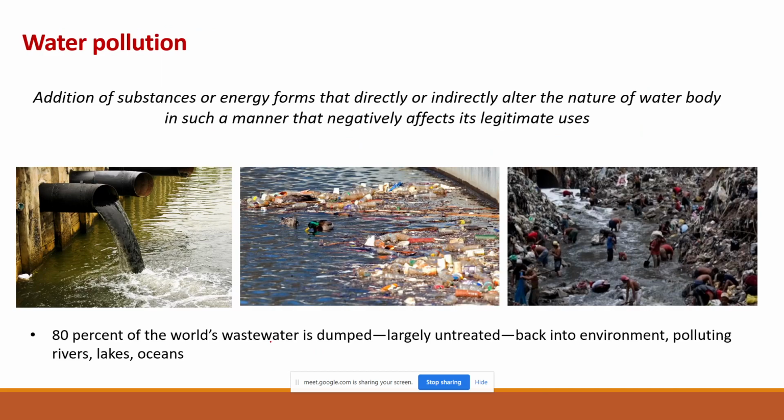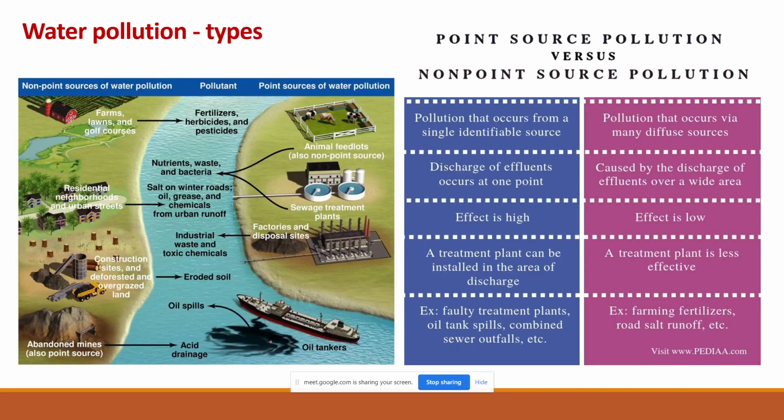Then we studied what is actually contaminating the water, how the water bodies are getting polluted, and the main culprit is not only wastewater but also solid waste, right? Then we also studied water pollution types, the point sources or the non-point source pollution, where we can identify the source from which the pollutants are coming or we cannot identify it, and the pollutants are coming from diverse or diffuse sources.